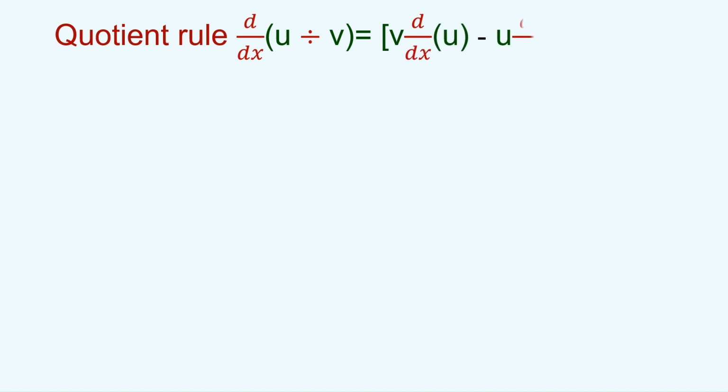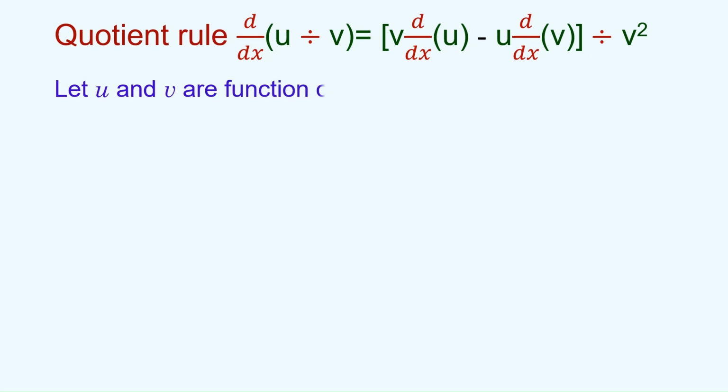Quotient rule: d/dx (u/v) = (v du/dx − u dv/dx) / v².